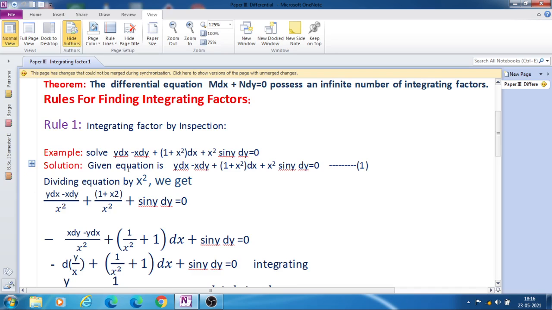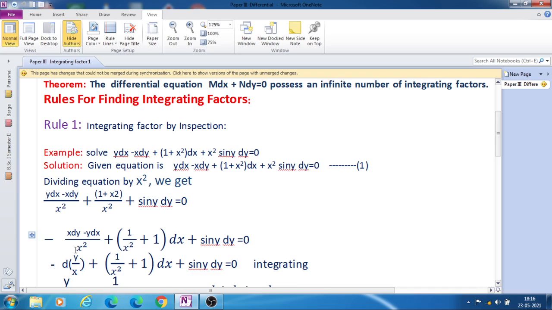If we divide this equation by x square, then we get (y dx minus x dy) divided by x square plus (1 plus x square) dx divided by x square plus sin y dy is equal to 0.